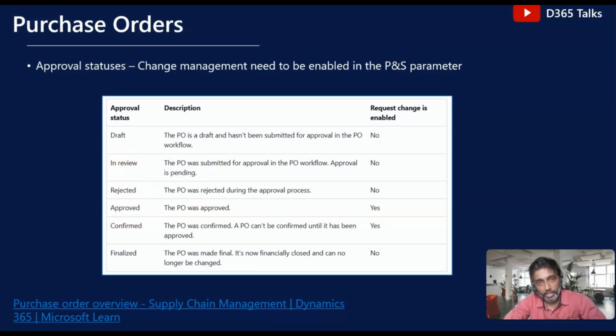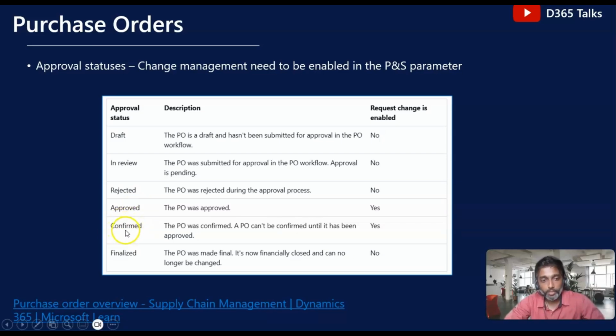Let's say I am a purchasing agent and I need to create a purchase order and get approval from my purchasing manager. In those cases, I create the purchase order and then I submit it for workflow so that it goes for review with my purchasing manager. And once it is approved by my purchasing manager, it now changes to the status of approved. Once it is approved, then only as the purchasing agent can I go and confirm the purchase order.